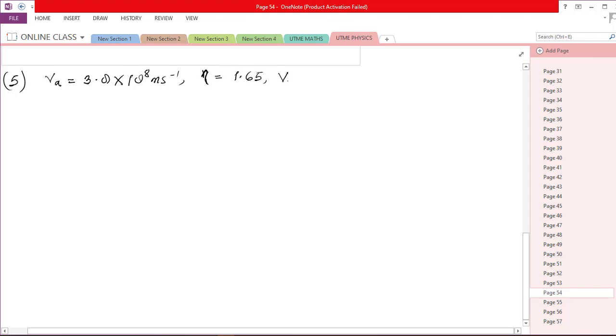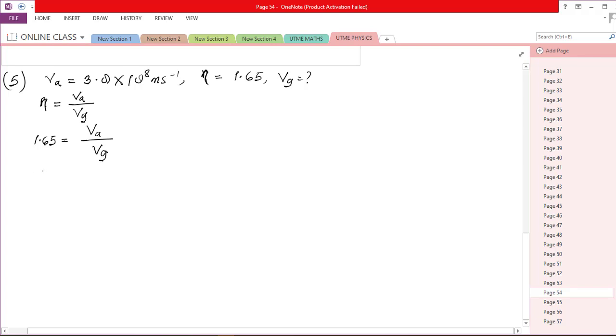We have to calculate the velocity in glass. Now, refractive index in this context is defined as, the rays are coming from air to where? To glass. That's the way this one will be solved. So in terms of velocity, it means the velocity in the first medium over the velocity in the second medium. So we now have 1.65 equals VA over VG. Don't forget, VG is velocity in glass.